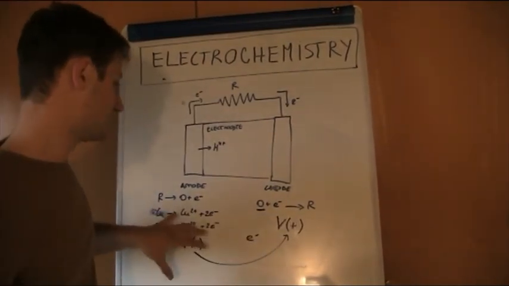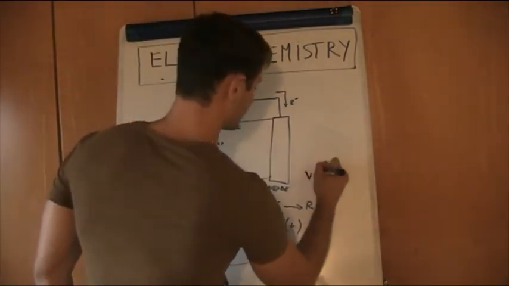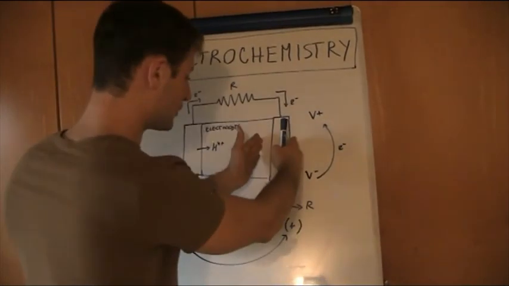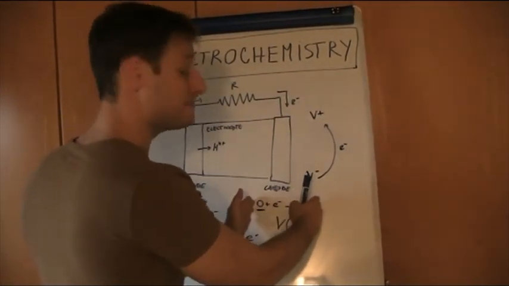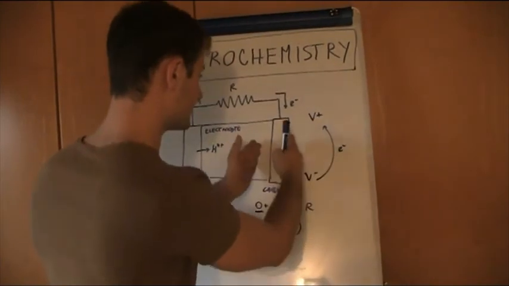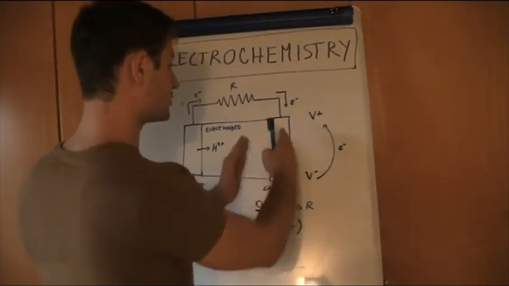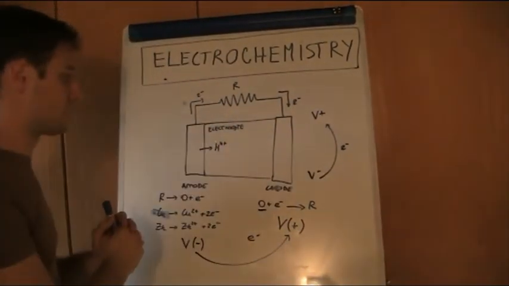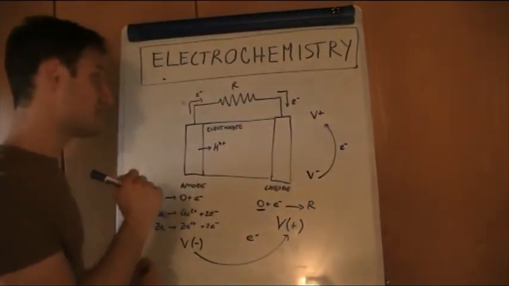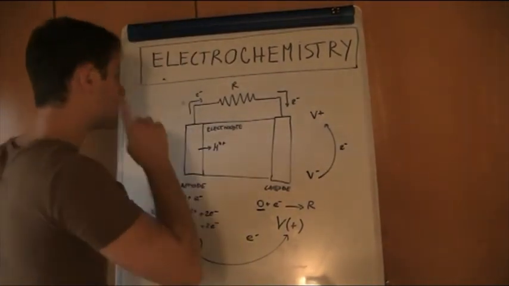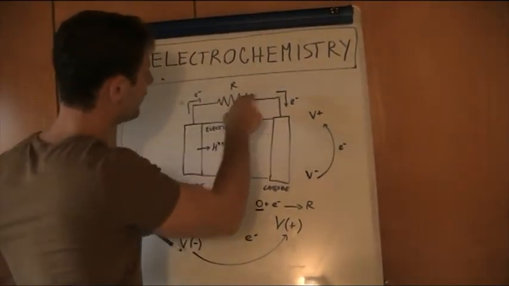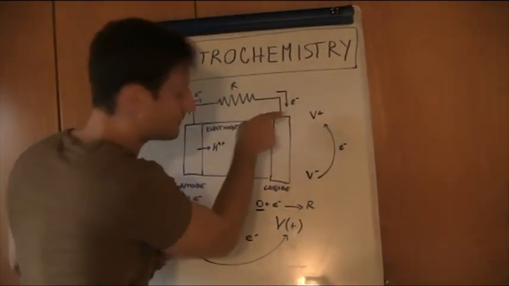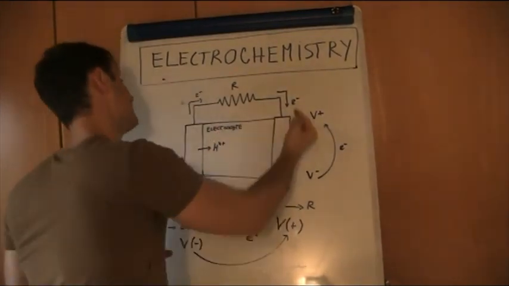So the electrons pass from a smaller potential to a more positive one. So we have an electrode and a specific semi-reaction associated with this electrode, and this semi-reaction is connected with a certain specific reduction potential. And the same for the other one. But the value of these potentials allows us to understand the spontaneous flowing of the electrons. If this potential is higher than this one, we have this pathway. If the opposite, we have the opposite pathway.